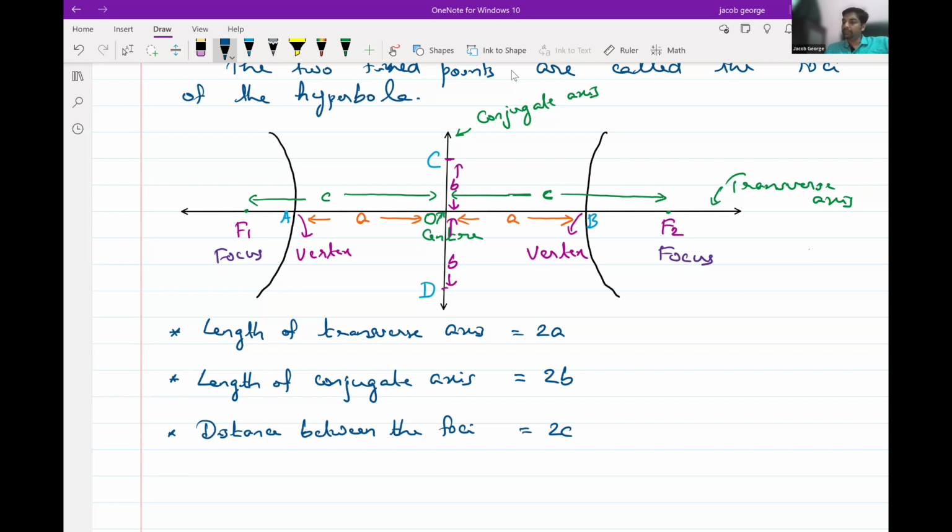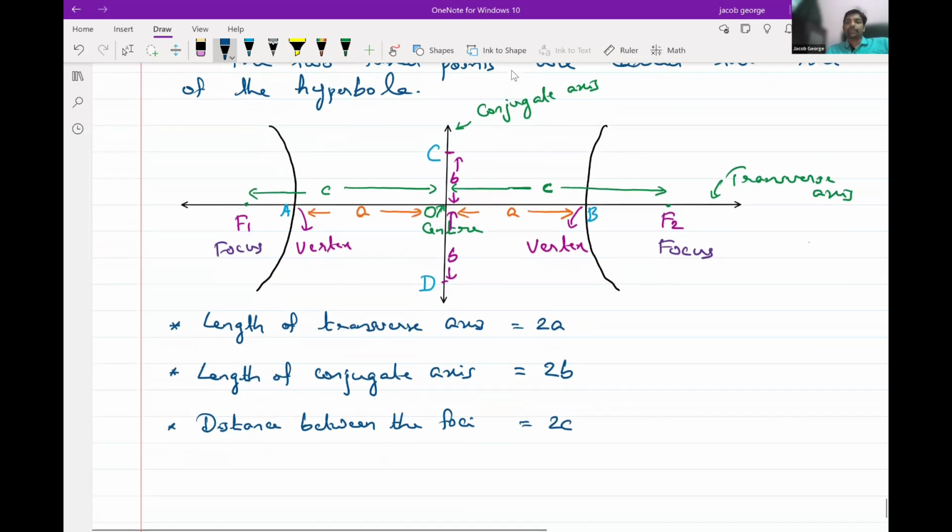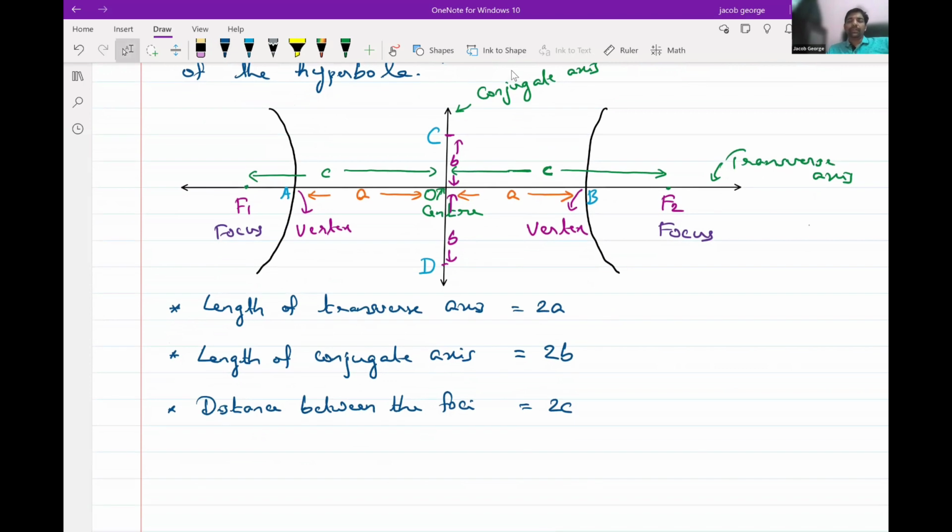Yes. Done? Yes. Now we are going to write the relationship between A, B, and C of hyperbola. As I told you, among these three, which is greater, C or A or B? C, right? So C will act as the hypotenuse. So what will be the relation?